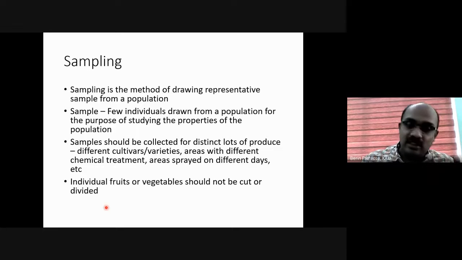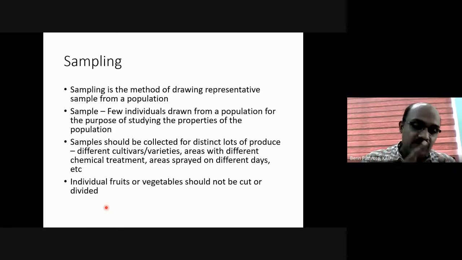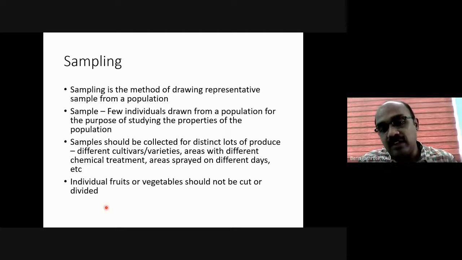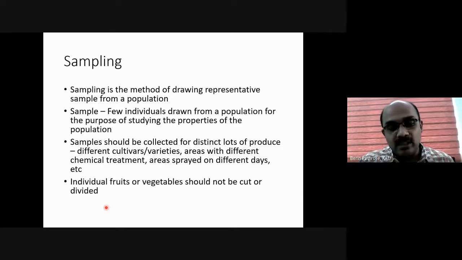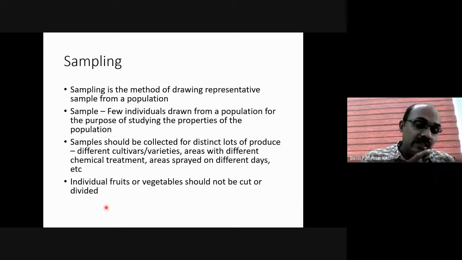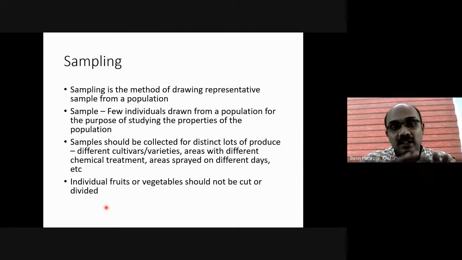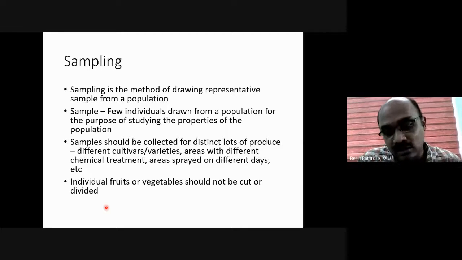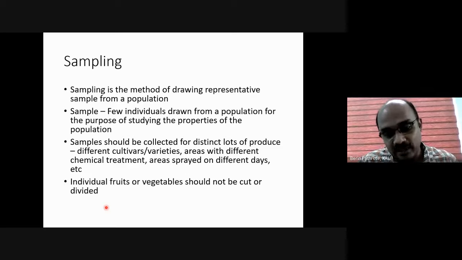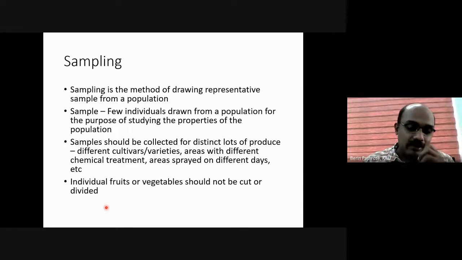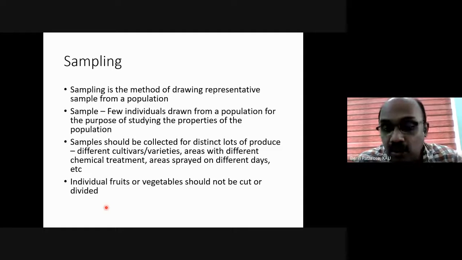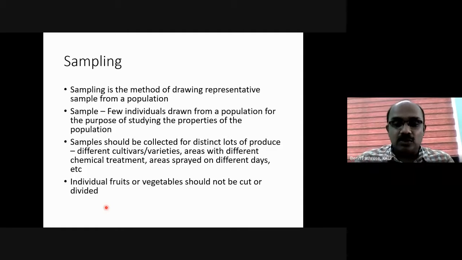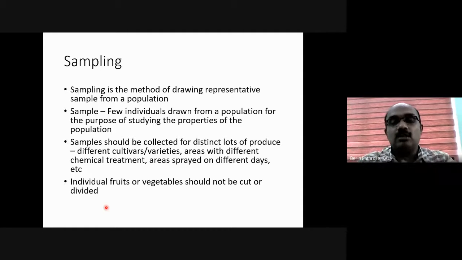So, if the varieties are different, sample separately. If different areas received different pesticides, sample them separately. If the farmer went for spraying on different days, then again go for separate sampling.